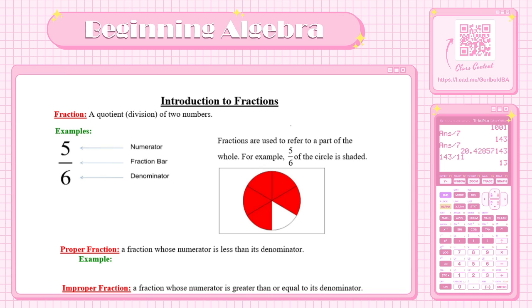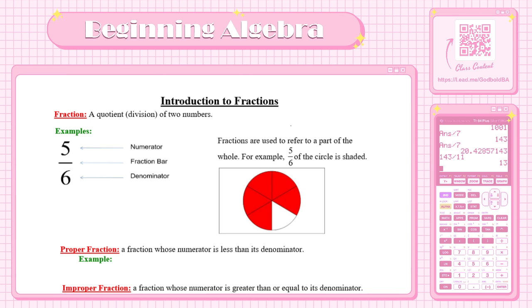So let's talk about fractions. A fraction is just a quotient, or division, of two numbers. The numerator is the number on top, and the denominator is the number on the bottom. The thing that divides them, the little line between them, is called the fraction bar.